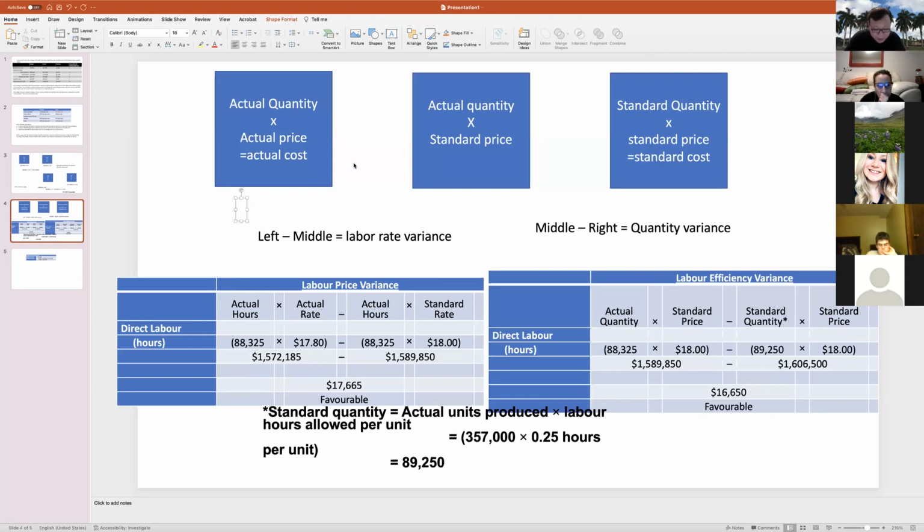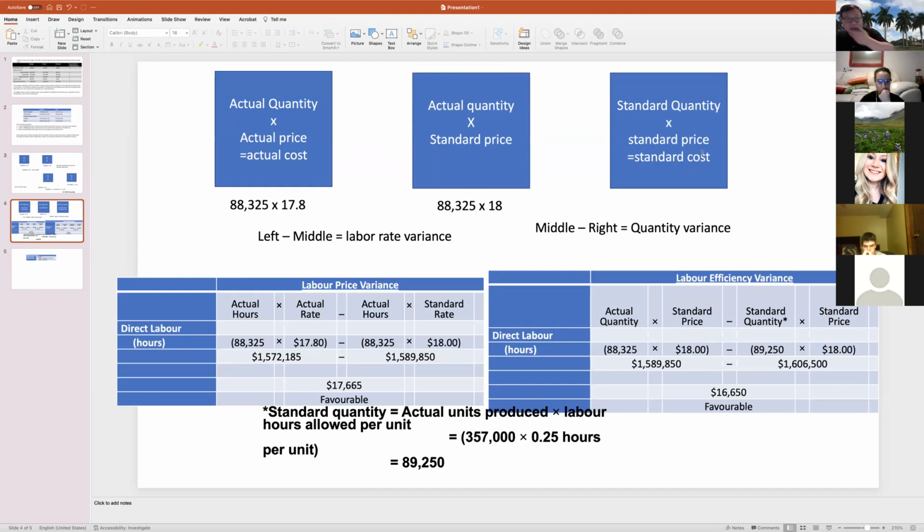So that's going to be 88,325 times the actual rate you pay the employee, 17.80. So this is my left. In the middle, the actual is the same amount, 88,325. What about my standard price for labor? That would be $18.